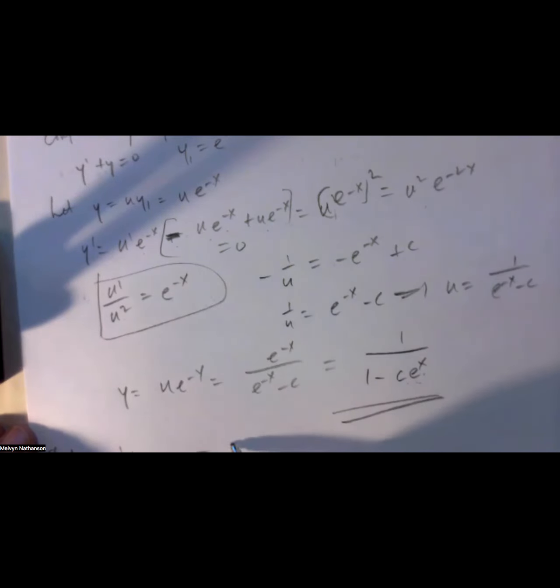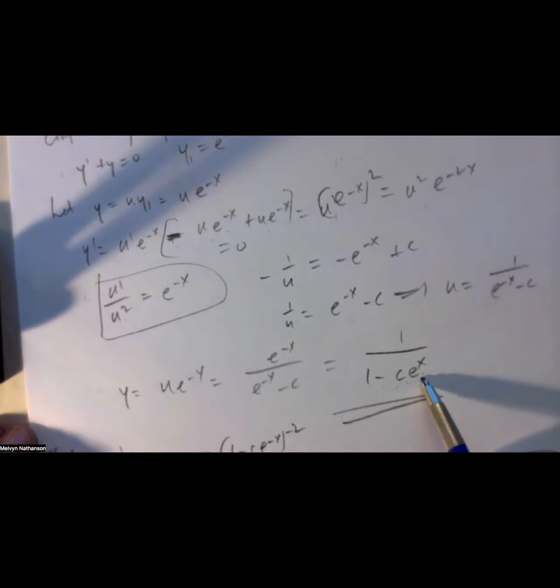So that's minus (1 minus c e to the minus x) to the minus 2 times the derivative of 1 minus c e to the minus x, which is the derivative of c e to the x, the plus here, 1 minus c e to the x. The derivative is minus c e to the x, plus y, plus 1 over 1 minus c e to the x.